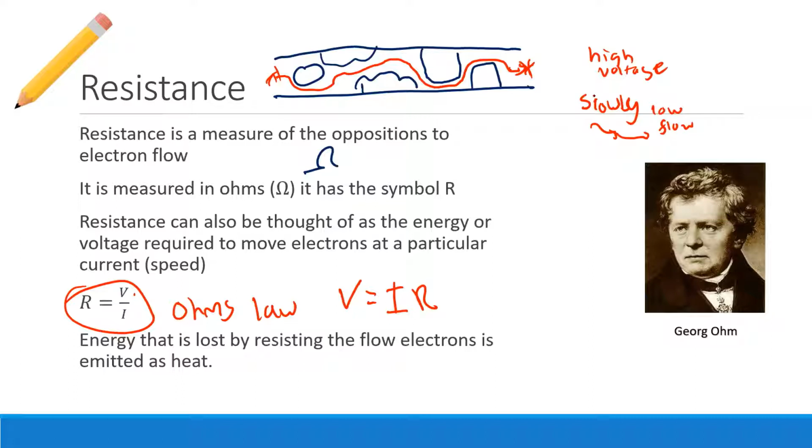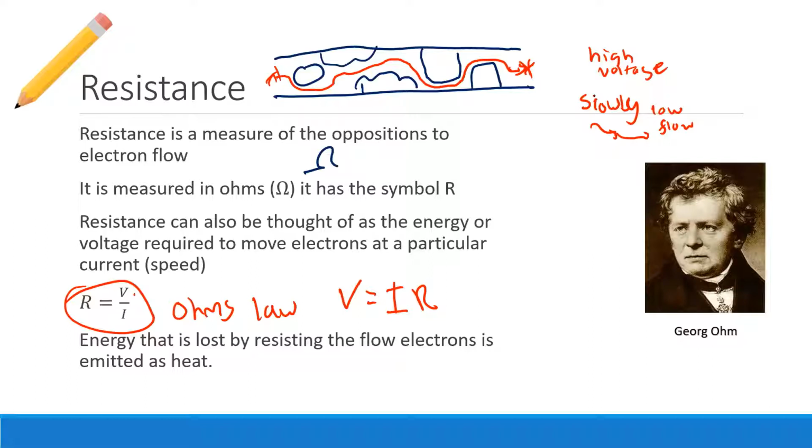You're pushing those electrons as hard as you can, but they're just not flowing, then you must have some resistance. And that resistance is this: how much energy are you putting in divided by how quickly they're moving? Because if you're putting a lot of energy in, and those electrons are flying out like bullets out of a gun, then you know that you've got very little resistance. But if you're shoving those things as hard as you can and they're not moving, then there's probably some kind of resistance.